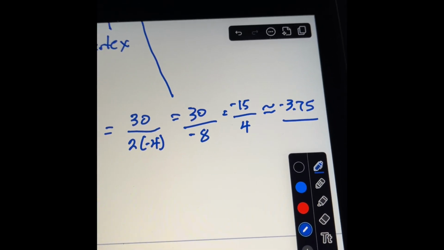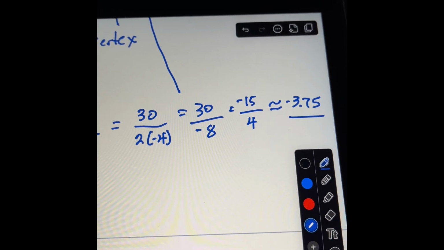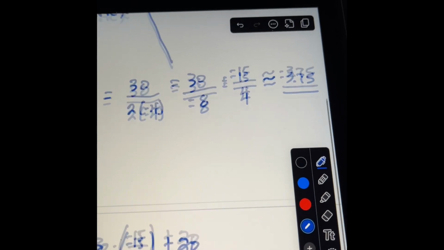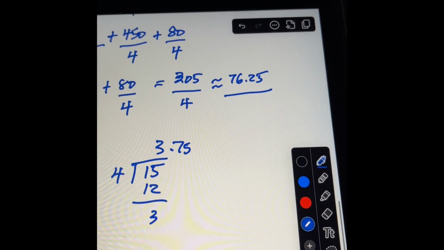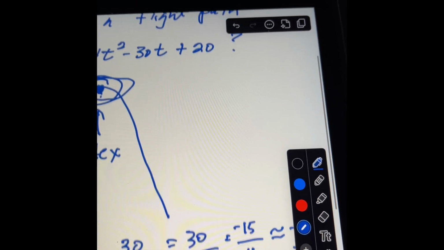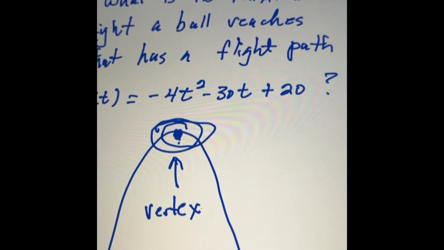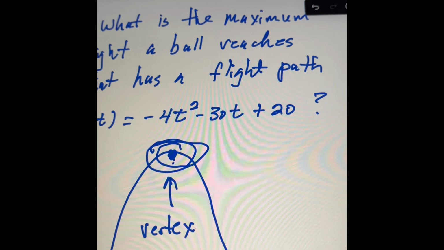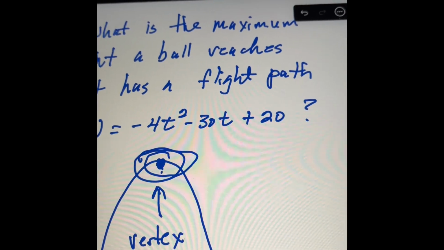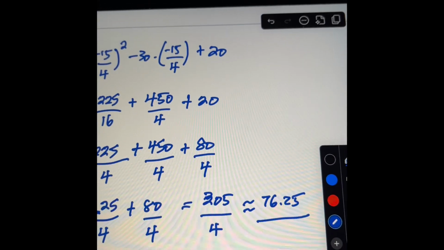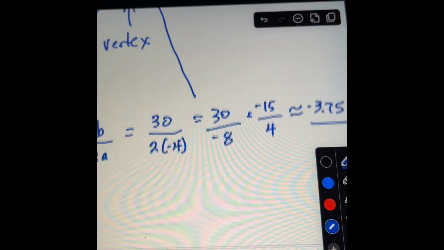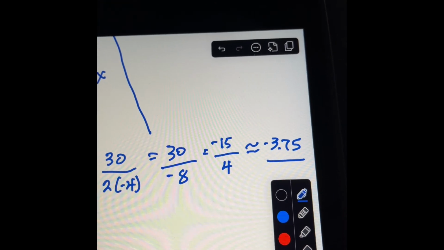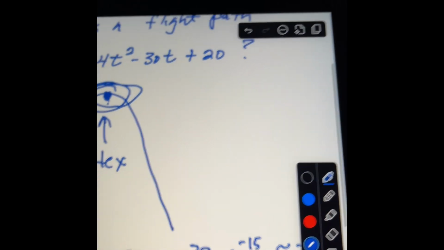So if you actually graphed this out, the ordered pair (negative 3.75, 76.25) is the vertex for this particular graph, which is going to be the maximum point. So the maximum is the 76.25 that we found, and where that maximum occurs is at the x value of negative 3.75. And that's how you do this.